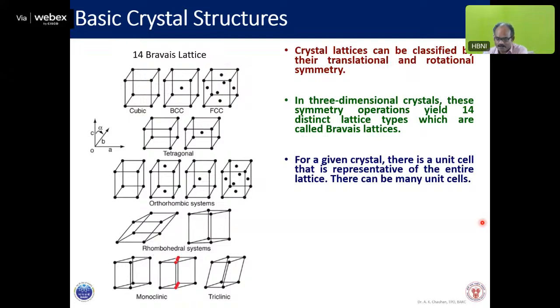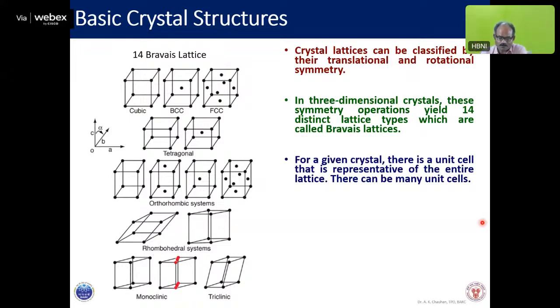So for any given crystal, there is a unit cell. What is that unit cell? A unit cell is a representative of the entire lattice. There can be many unit cells. A unit cell is that volume, not necessarily the smallest, by repeating which I can attain the entire crystal structure.